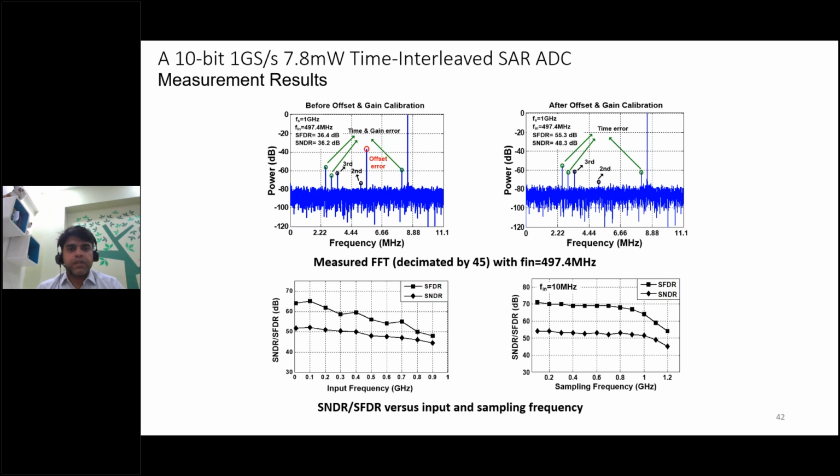For example, this is possible because of a combination of many things: very innovative design, and a constant demand push from customers or applications saying, hey, I need such a high speed ADC at such low power consumption. Then someone could think out of the box and say, why not use some of the digital techniques to make this happen.